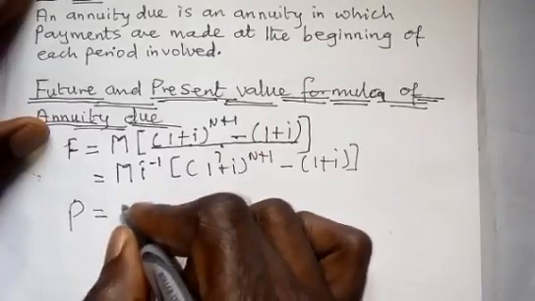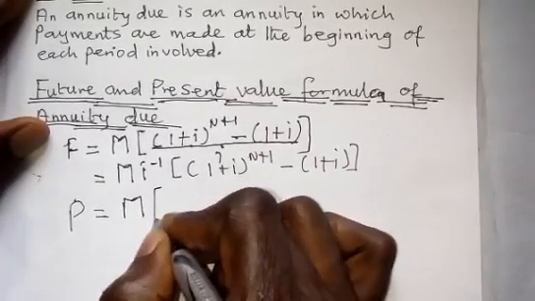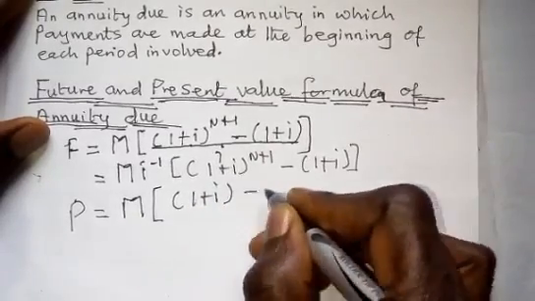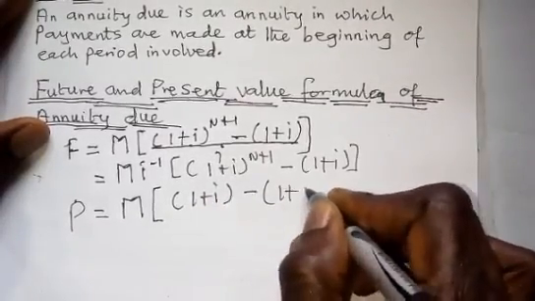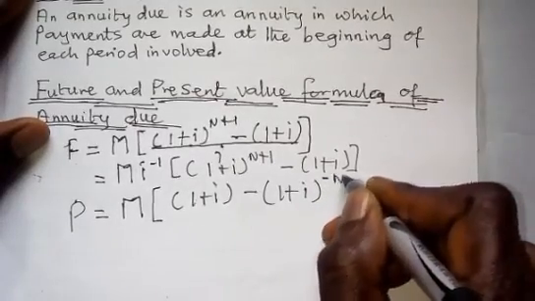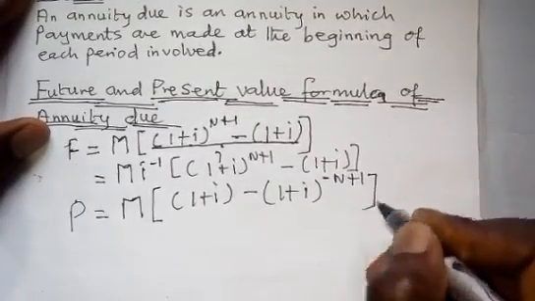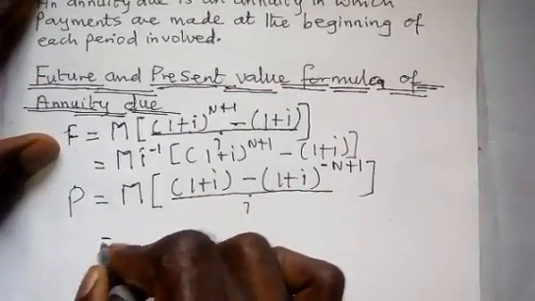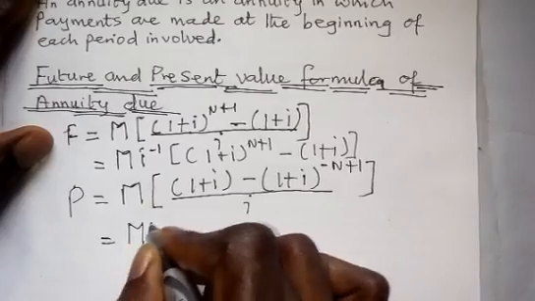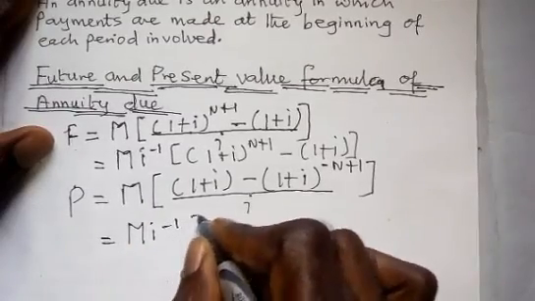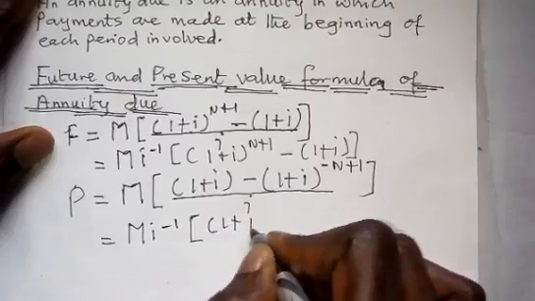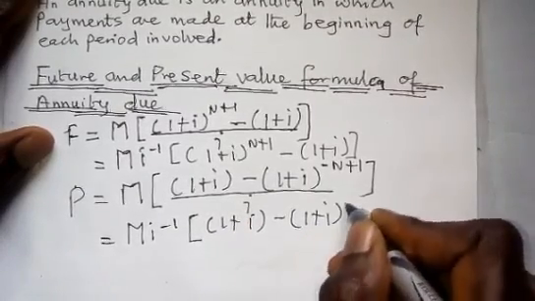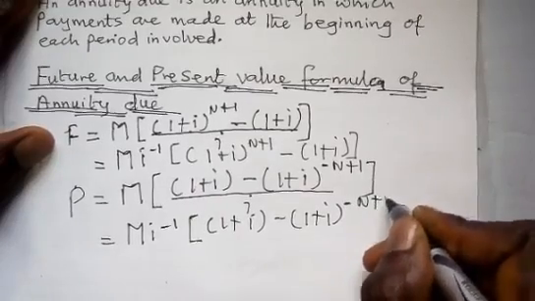We have M, then in square brackets, 1 plus i, minus 1 plus i to the power minus n plus 1, close the square bracket and divide by i, which can still be written as M i to the power minus 1, then in brackets 1 plus i, minus open bracket 1 plus i to the power minus n plus 1.